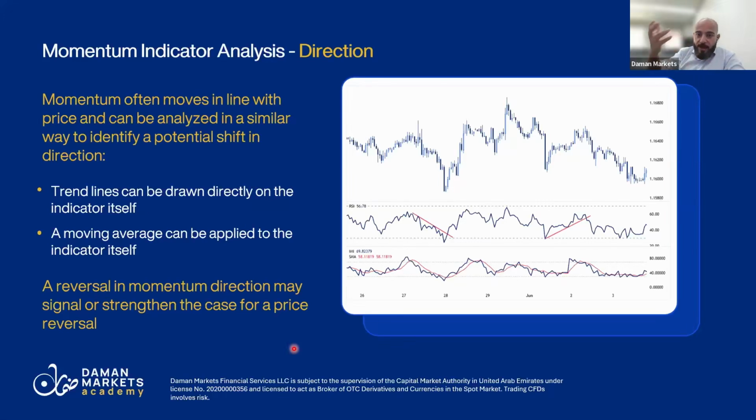If a reversal in the price happened that was not associated with a reversal in momentum, this is a warning sign not to act on the reversal of the price until you see a reversal in the momentum oscillator as well. So both price and momentum should follow the same direction.